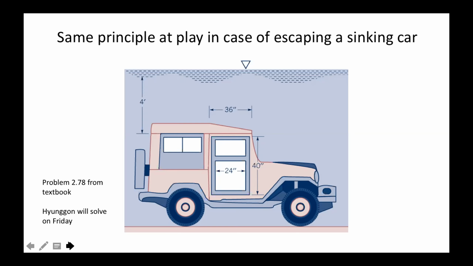So the reason for that is that inside your car, if your windows are closed, the air will be at atmospheric pressure. But because you're at a depth under the surface of the water, you're going to be at greater than atmospheric pressure over your door. And so generally speaking, that pressure difference is too large to overcome, makes too large of a force.